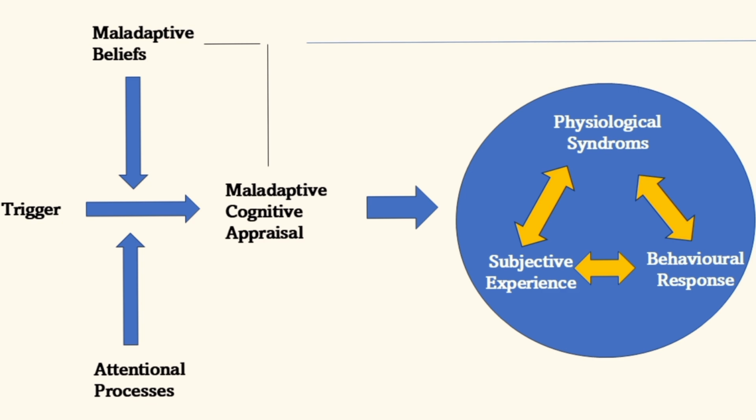These attentional processes often show a high degree of automaticity and can happen at the subconscious level. Once the process reaches the subconscious level, the triggers are evaluated and interpreted. This appraisal then leads to a subjective experience, a physiological symptom, and a behavioral response.